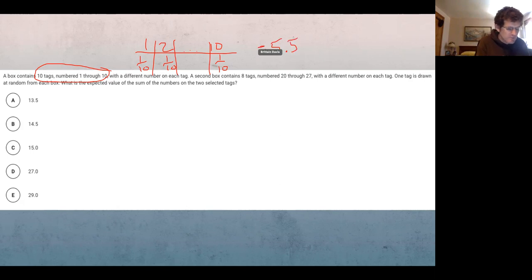Again, you could put these into your lists on a calculator and come up with this 5.5, but if you realize it's all the same probability, it's a uniform distribution, then it's just going to be the average of all your outcomes. Same thing with the next one. If you get the average of 20 through 27, my shortcut is I'm just taking the 20 and the 27 and getting the average of those two, which is going to be 23.5.